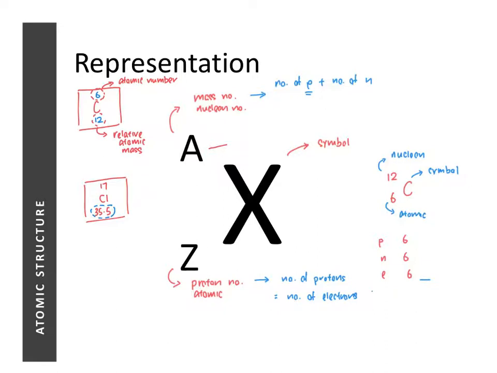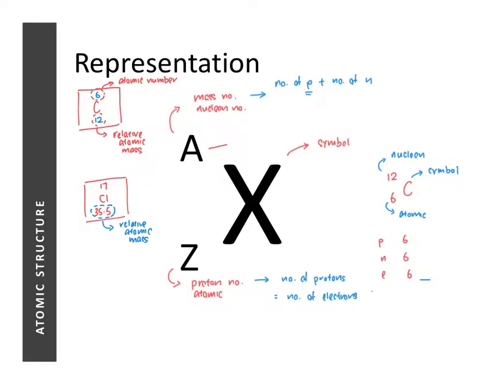How can you split a neutron? So this is where the confusion comes in. Now if you recall that this is not the mass number but the relative atomic mass, that means it's the average mass of all the different types of atoms, then it will make sense, because when we take the average of something, sometimes we can end up with a decimal.